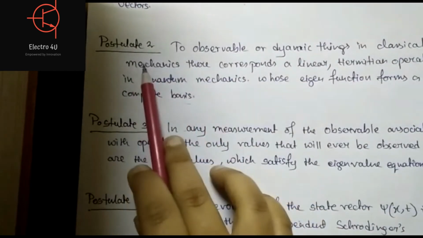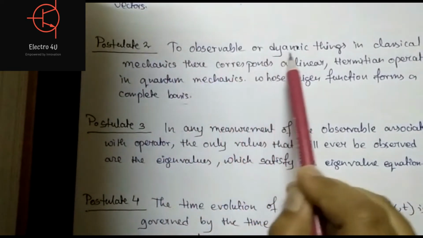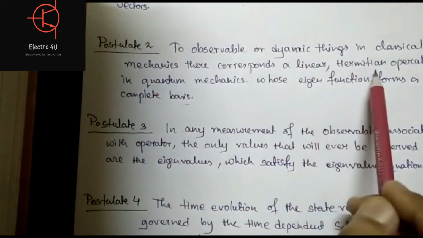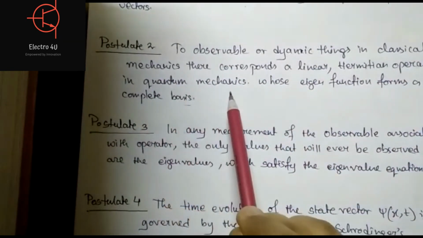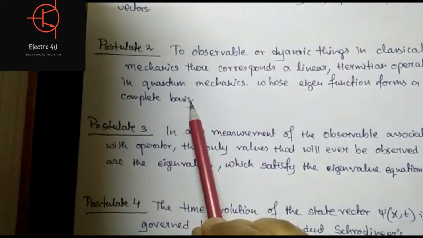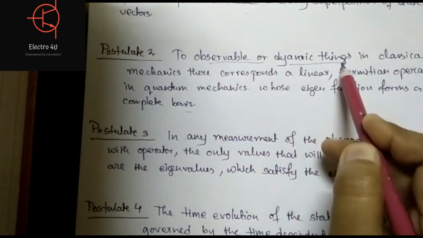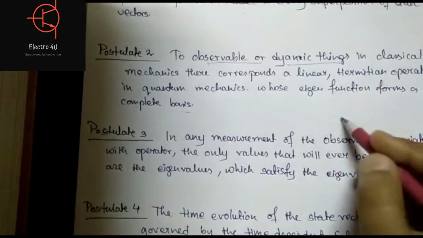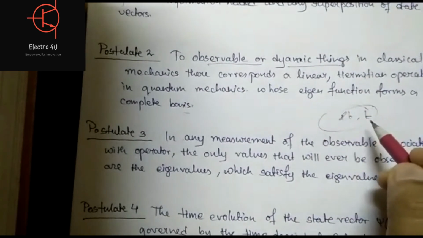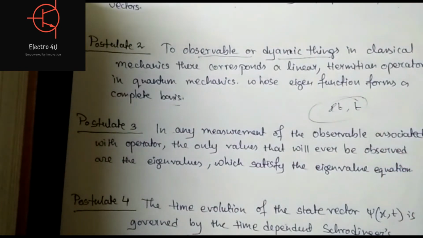Now let's talk about postulate number 2. To every observable or dynamic thing in classical mechanics, there corresponds a linear Hermitian operator in quantum mechanics, whose eigenfunctions form a complete basis. So now, what is observable or dynamic things? We have seen that x and t are the operators which we need while finding a state.